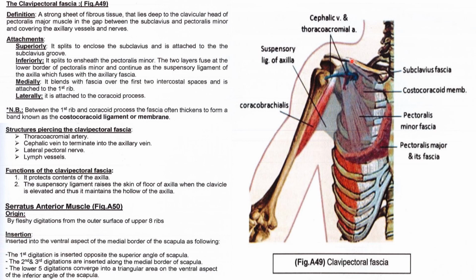So the fascia here between the first rib and the coracoid process thickens to form the band, which is often called the costocoracoid ligament or membrane. The costocoracoid ligament is nothing but thickened fascia.